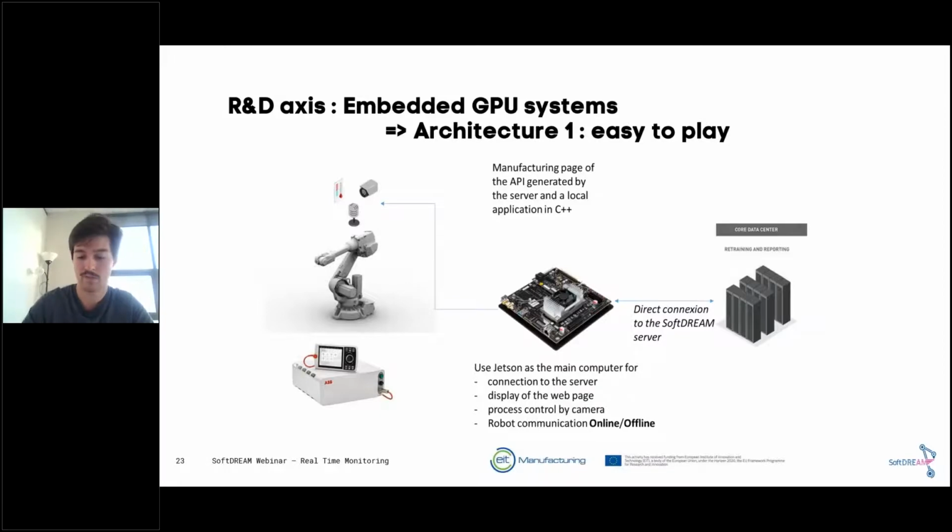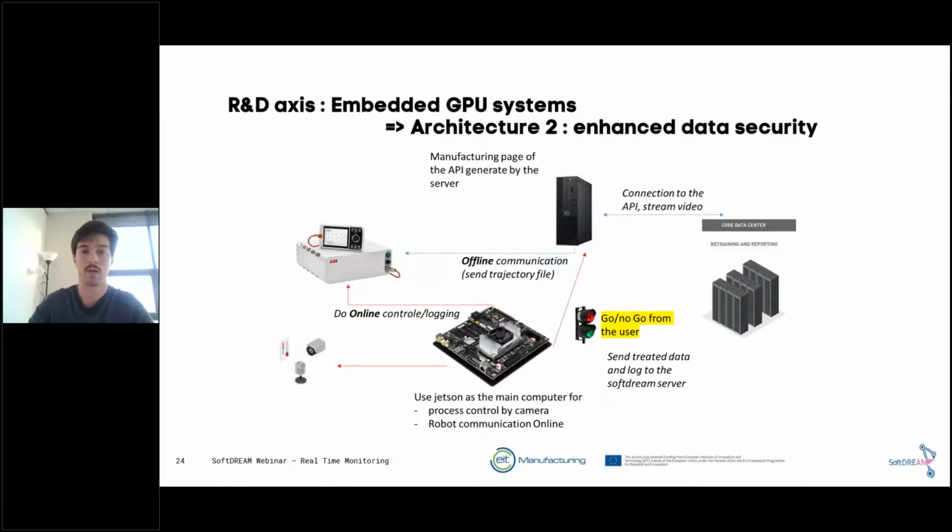So this is the first architecture. It is not very safe for some users. For example, for aeronautic users, it is very rare to have the robot connected to the network because it leads to security issues.